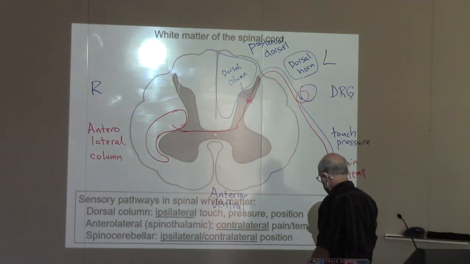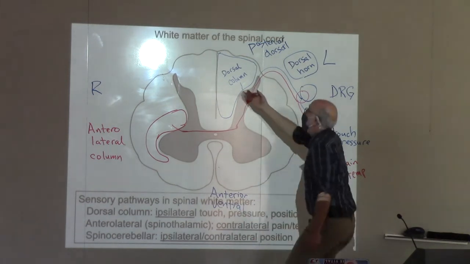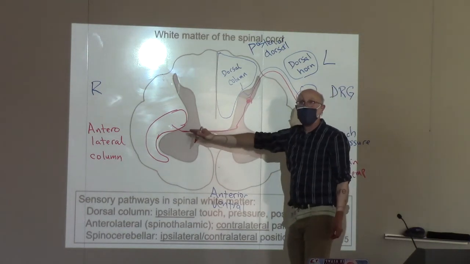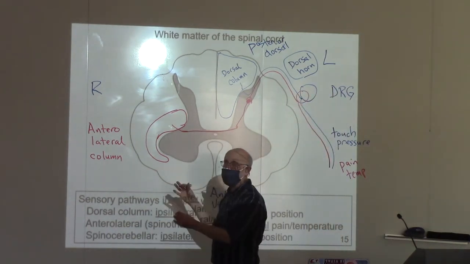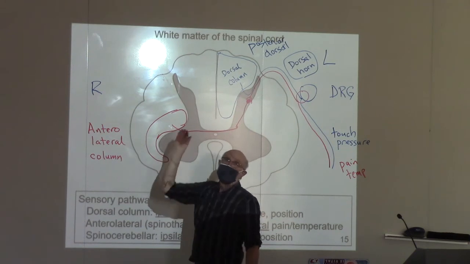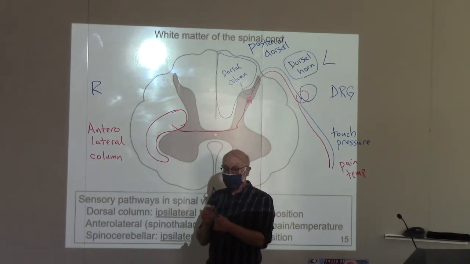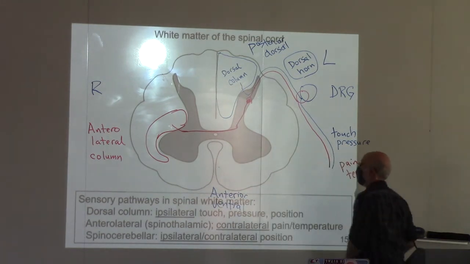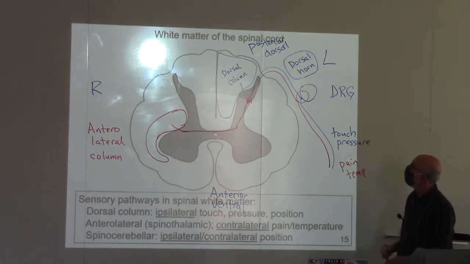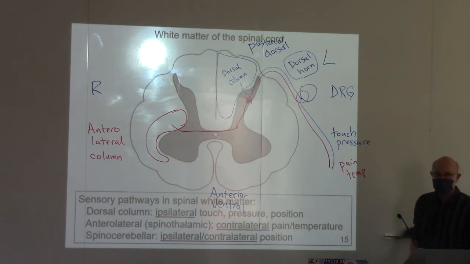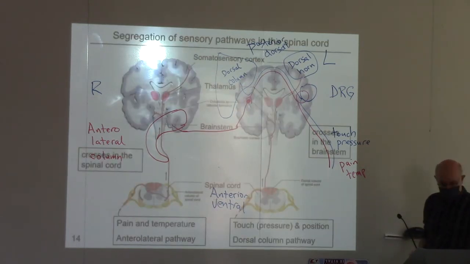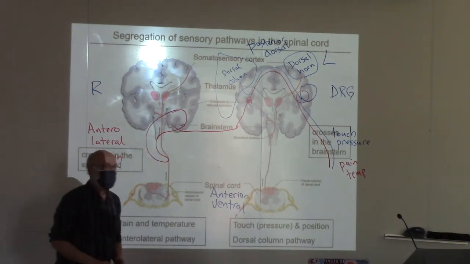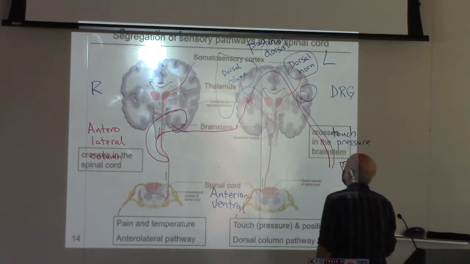So now we see that touch pressure information is carried in the spinal cord on the ipsilateral side to the brain, and pain temperature information is carried in a different part of the spinal cord to the brain, on the contralateral side. And then synapses in the brain.